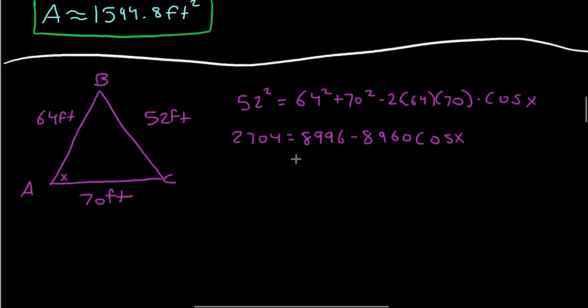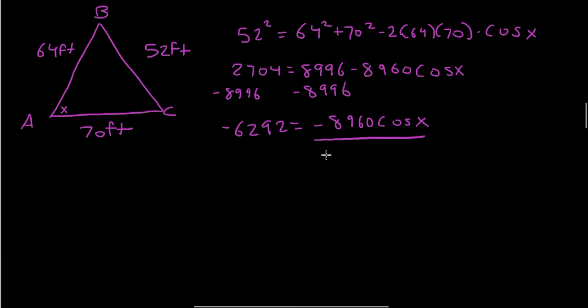We're going to simplify this equation further. We're going to subtract 8,996 from both sides. And then on the left side of the equation, we're going to be left with a negative number, which is negative 6,292, is equal to negative 8,960 times the cosine of x.